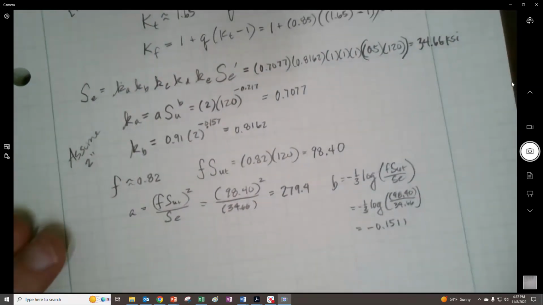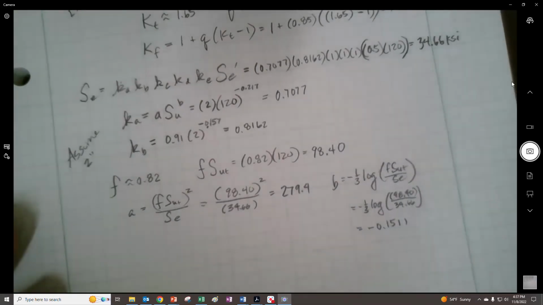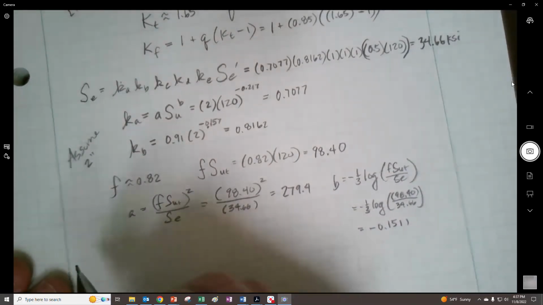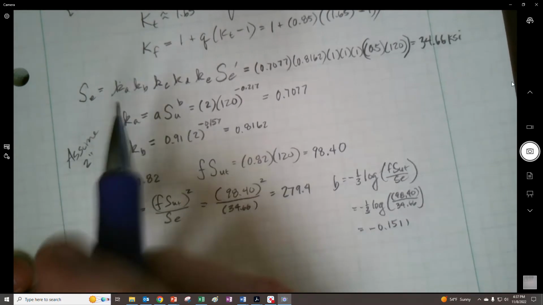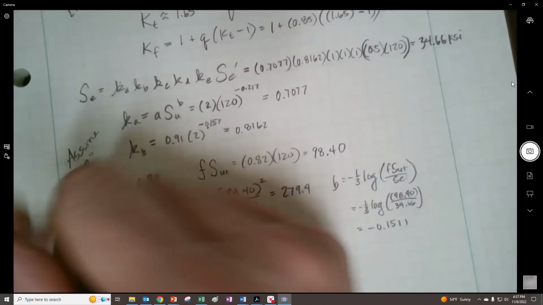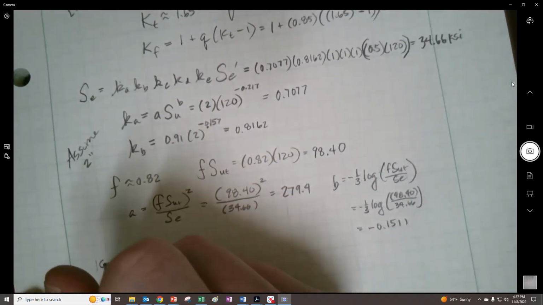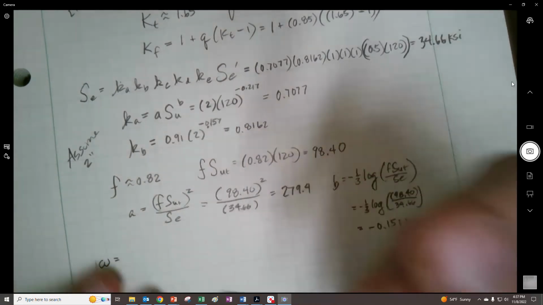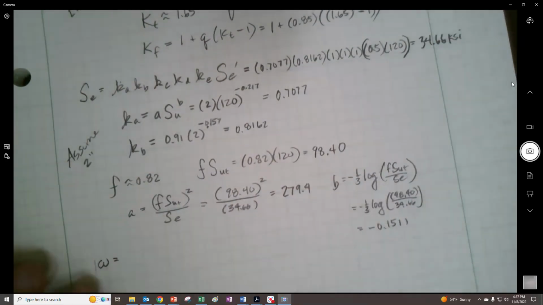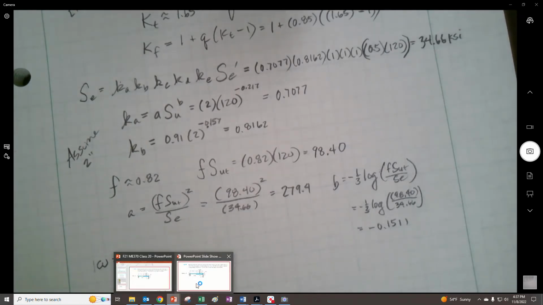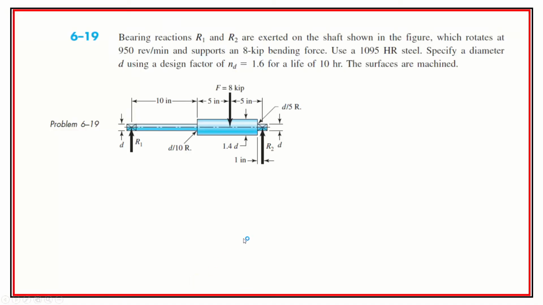We need to find the number of cycles. And according to this, it was going to be operating at, so the RPM, I don't want to use an N for that, we'll use omega even though we're going to do it with RPM. For this problem, it was 950 RPM for 10 hours of life.